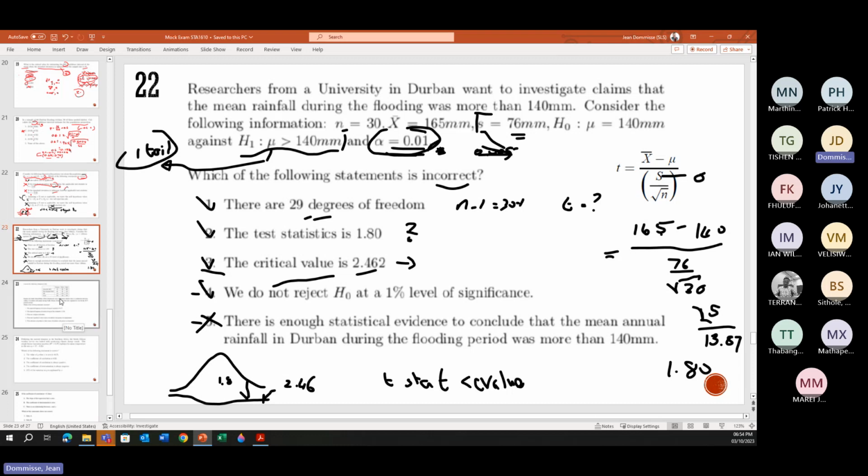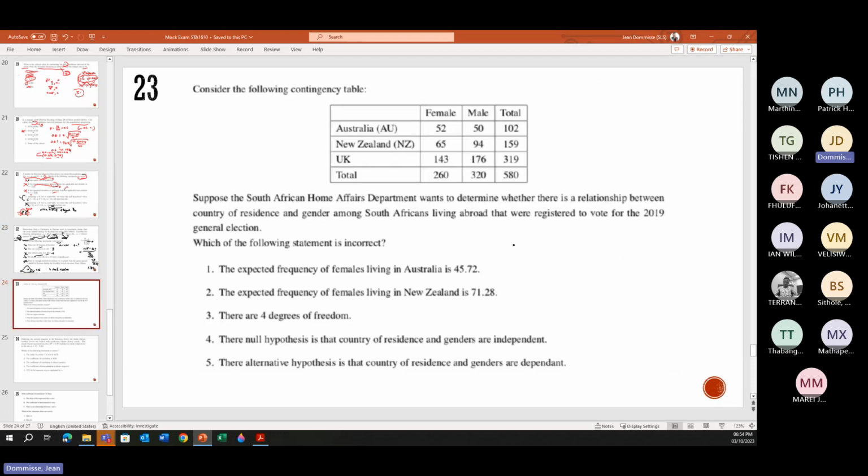Okay, so now we go to a question that I have shown you a few times. We used this table way up front when we looked at probabilities. And now we're using it in the chi-square, because it is looking at two variables and the relationship between them.